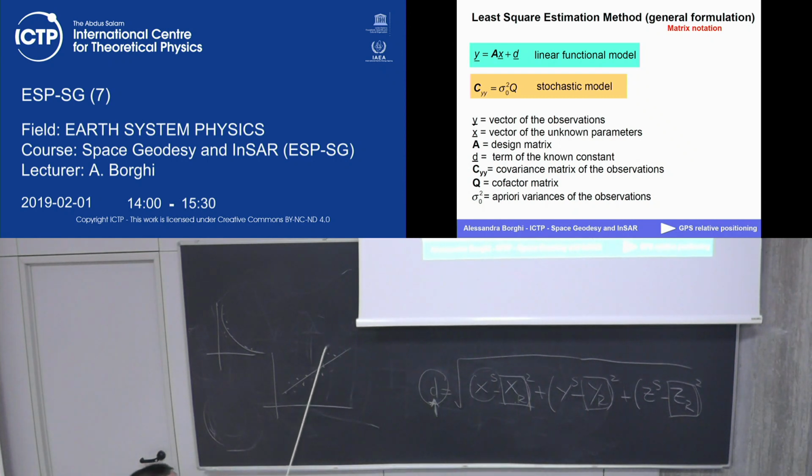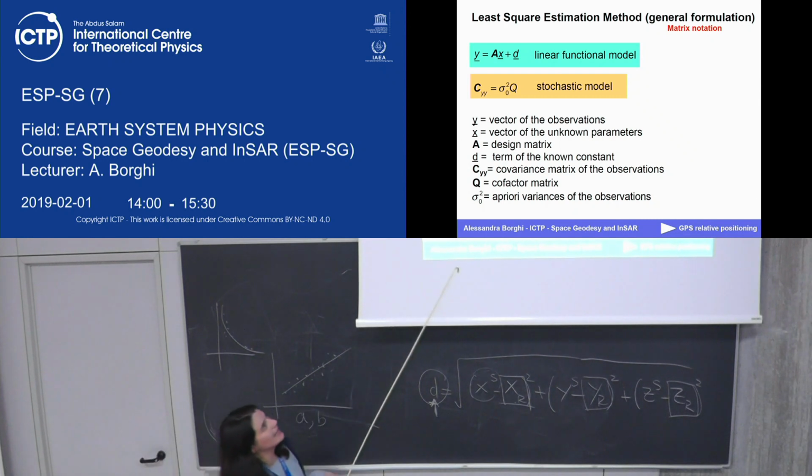The least square method starts from two models. One is a functional model, that means a deterministic relationship between our observations and the parameters that model our observations. If we consider a straight line, we want to estimate A and B, the parameters of the linear regression.